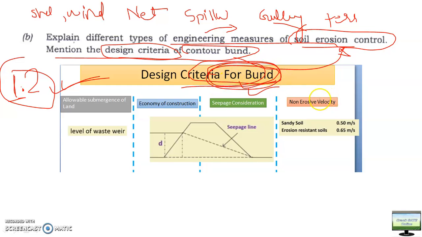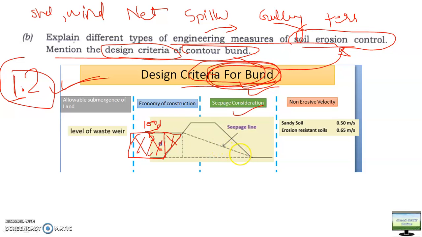So for bund in general we use the seepage criteria. What is the seepage? Suppose this is here the water impounding. So this D is the water impounding depth. Okay, if land slope is 5%, so this will become 100 by 5 into D times. This will be one triangle, you consider it as one triangle, and here it is the second triangle. So this is the surface area of water that has to be impounded.